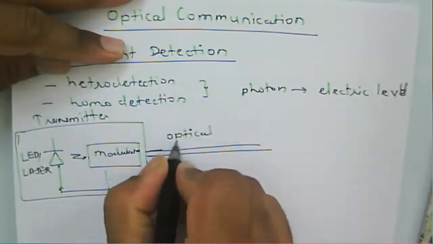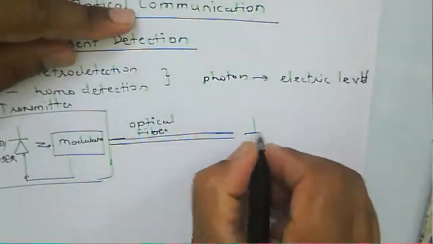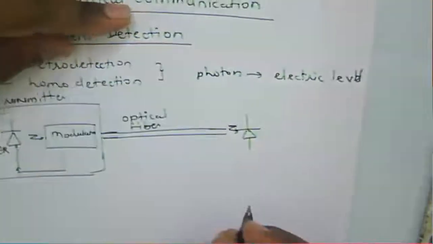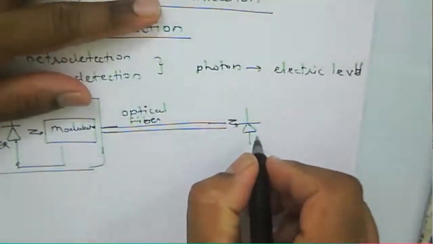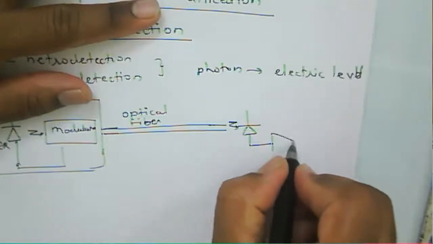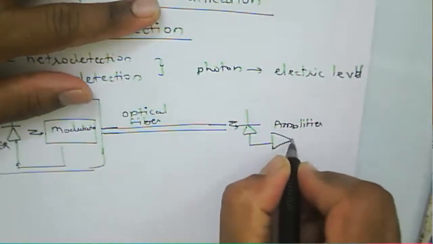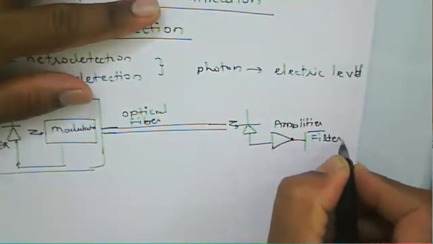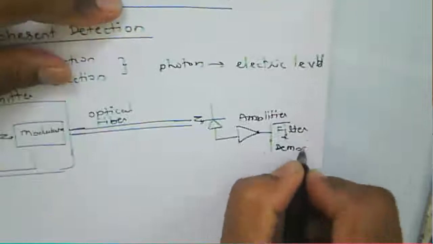This is the optical fiber. And then we have a detector at the end. Light falls on the detector, and the output of the detector is given to the amplifier, and then we have the filter and a demodulator.